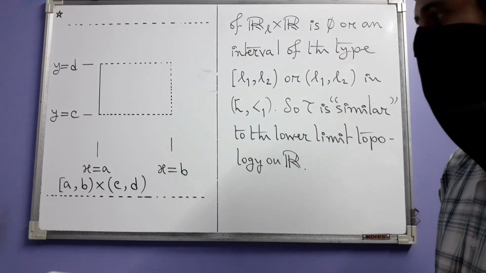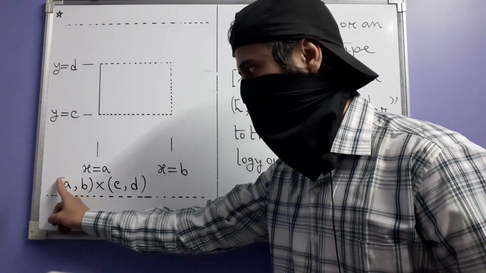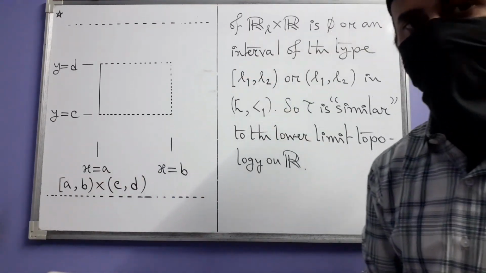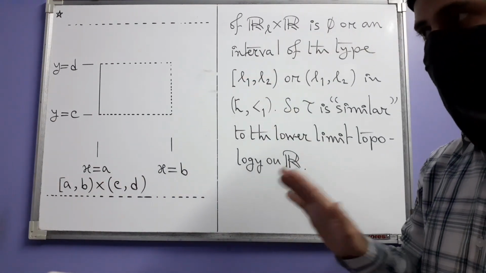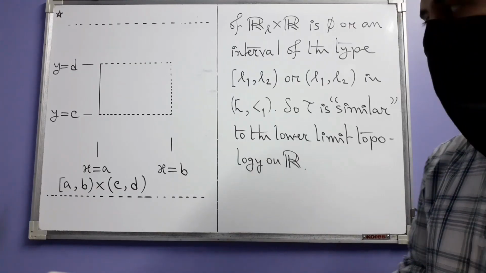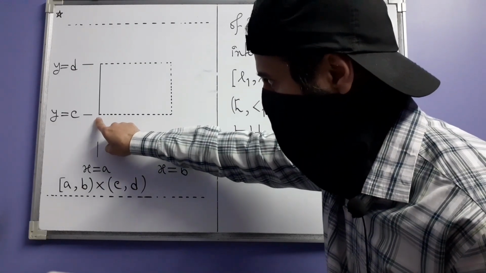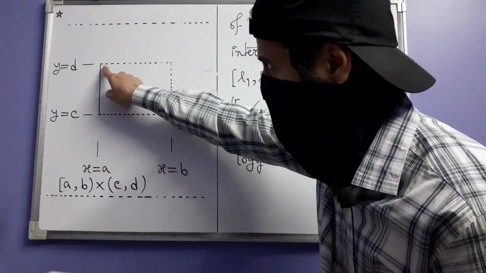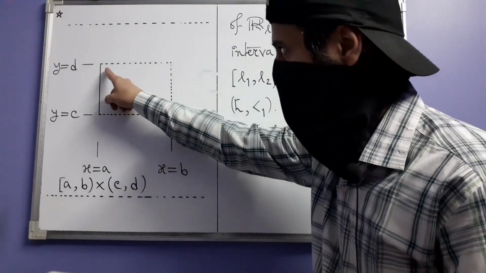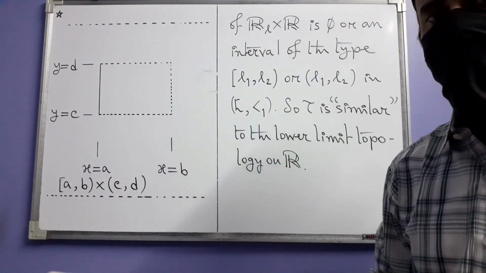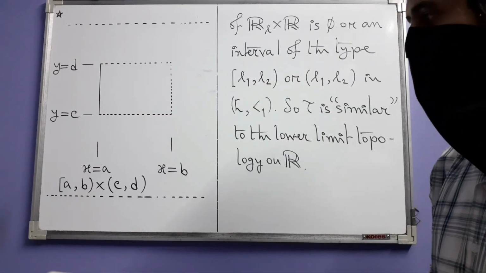Why? That is because of this closed end. And there also there is something that you should note very carefully. These endpoints (a, c) and (a, d) themselves are not included.